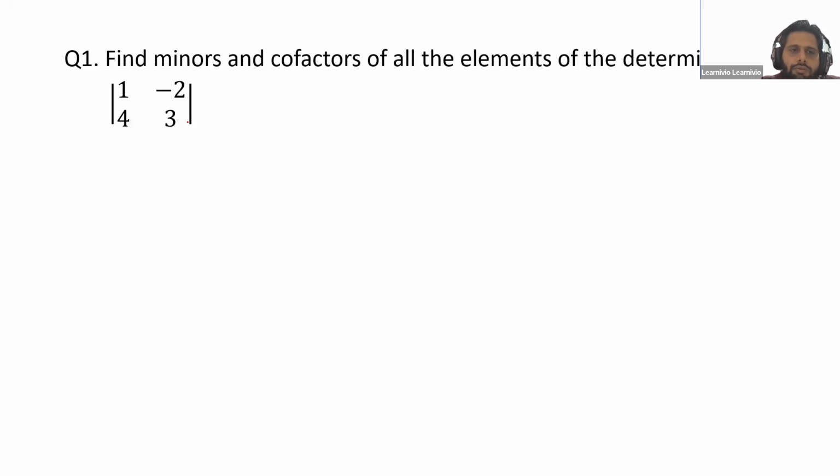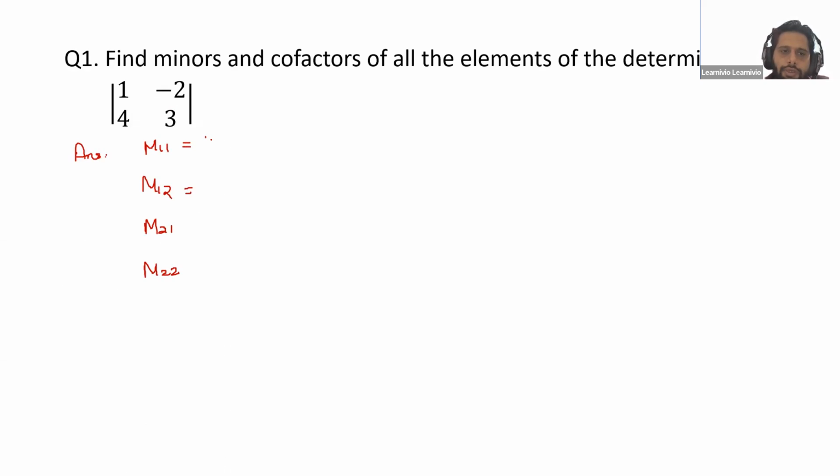Shravya, very good. Okay, Shravya, this is correct.